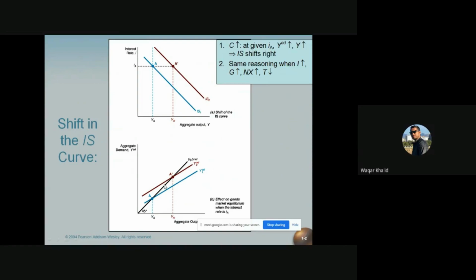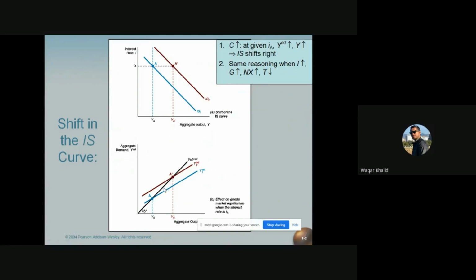And here, as you know that Y is equal to YAD, we can show this point A on the aggregate demand and aggregate output curve here. This is the crossing point where we have YA level of aggregate output. When autonomous consumer expenditure rises because of the oil discovery in Wyoming, the aggregate demand function shifts upward to Y2AD.